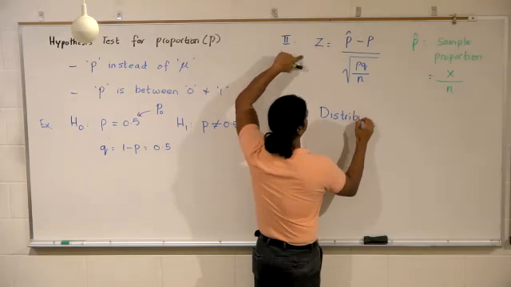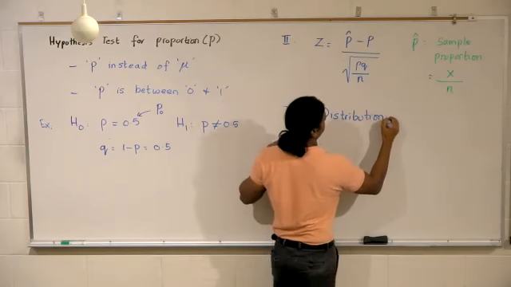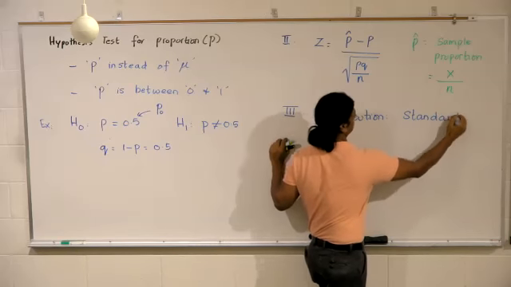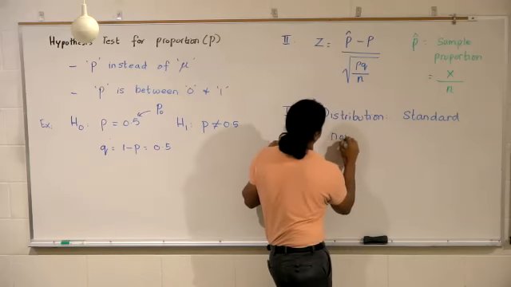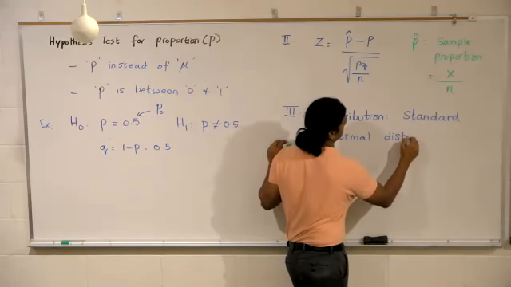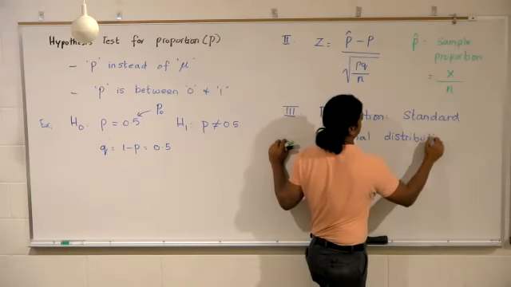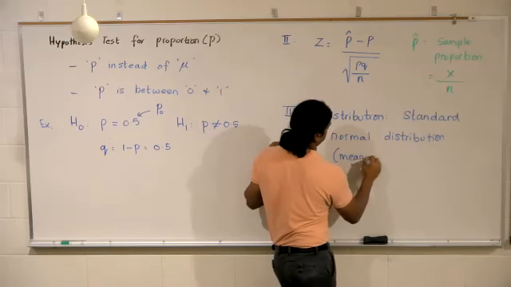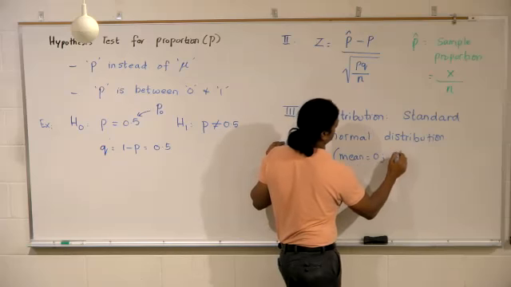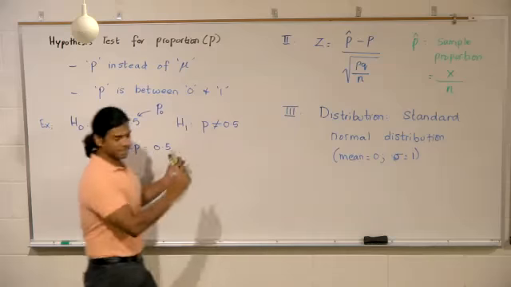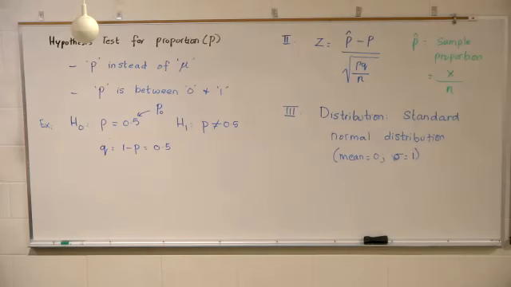I used the letter Z. Mean 0, standard deviation 1.